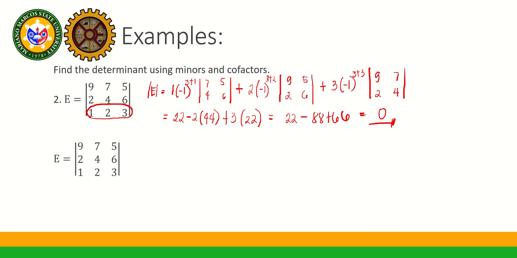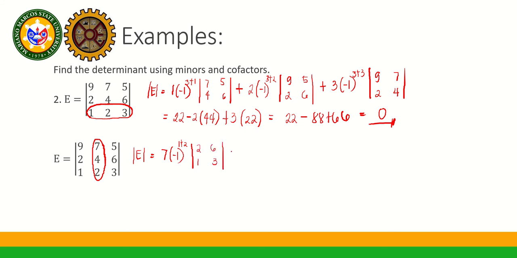Now, let's try. If we select si 7, 4, 2, si second column naman. Okay? So, try natin if we still get a 0 as a determinant for matrix E. So, this will be equal to, if we choose si 7, then negative 1, this is in first row and second column, so 1 plus 2, times the minor, okay, so matatanggal ito, we will be left with 2, 6, 1, 3.